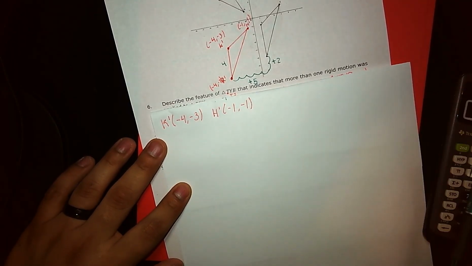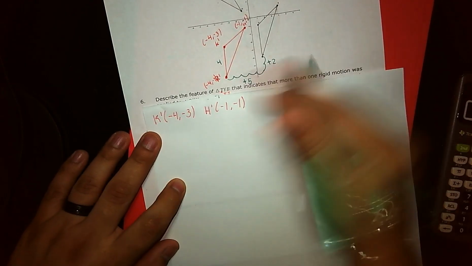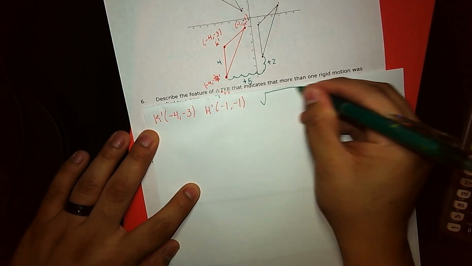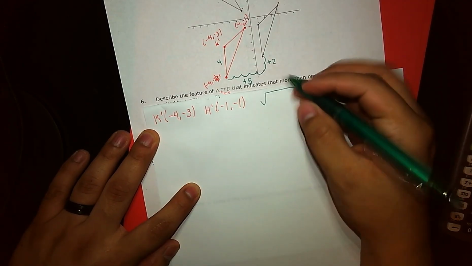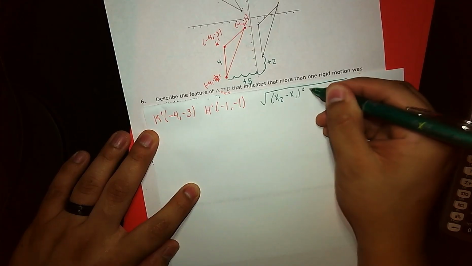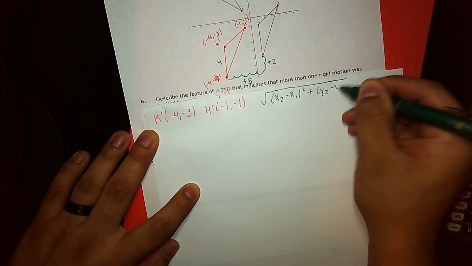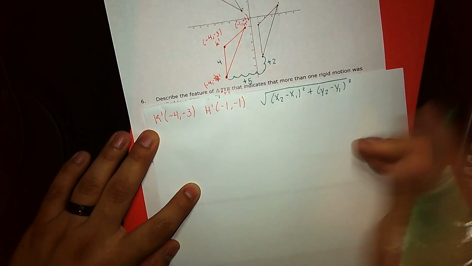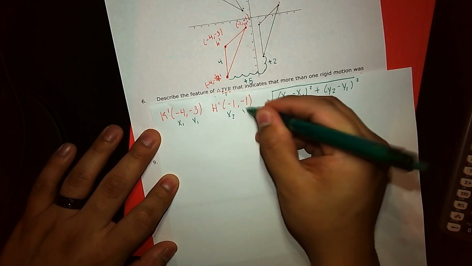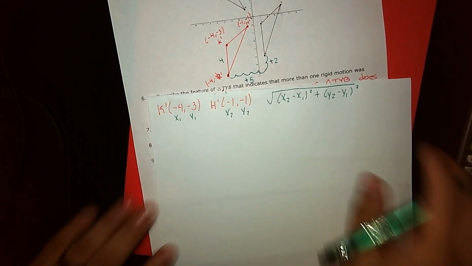Now remember, I'm going to write my distance formula here again. You don't have to write this if you already have it on your paper, but I'm going to write it just so you see what we're doing. So the changes in x coordinate squared plus the changes in y coordinate squared. I'm going to act like this is my x1, y1, and this is my x2, y2.